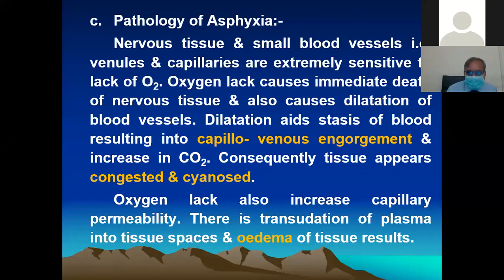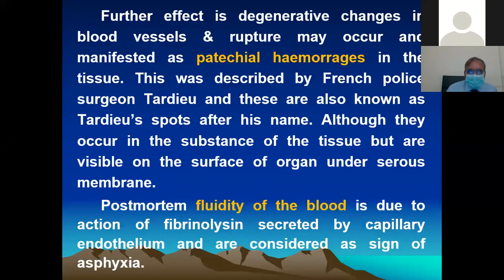Blood vessels are dilated, so consequently the capillaries and veins become engorged and congested. As a result, congestion and cyanosis occur, and due to increased permeability, there is edema of the tissues. Thirdly, because of degenerative changes in the blood vessels, they may lead to the formation of petechiae.